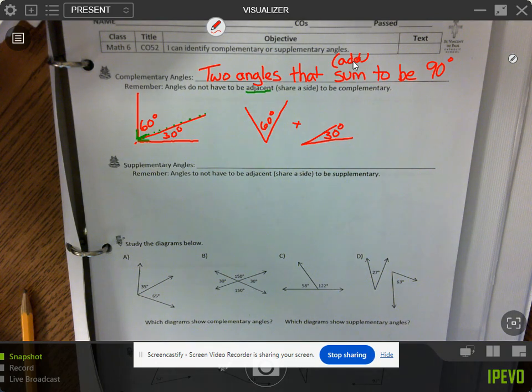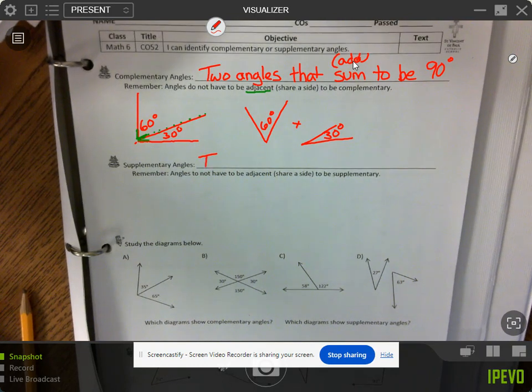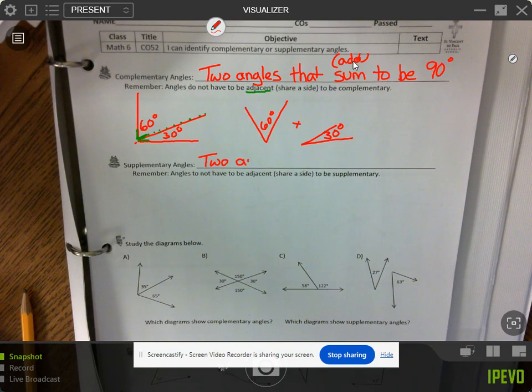Dom? 180 degrees. So supplementary angles are two angles that sum to be 180 degrees. So yesterday we talked about those right angles, 90 degrees, and we talked about the straight angle, 180 degrees.